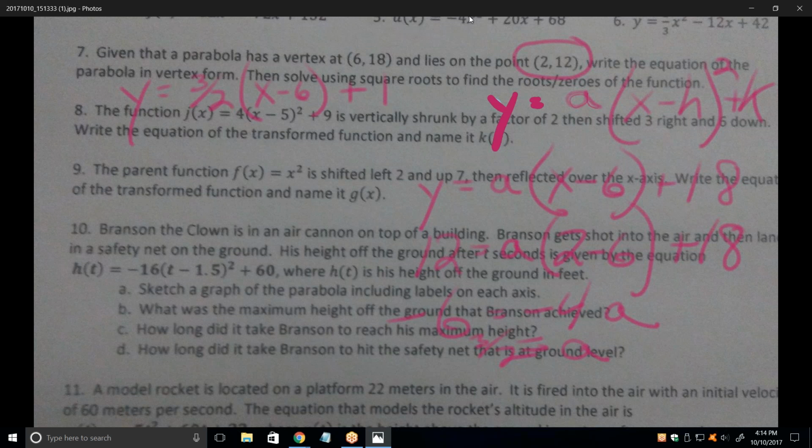Okay. All right, so we've written the parabola in vertex format, then solve using square roots to find the zeros of the function. Well, what do they mean exactly? Ooh, like this. Hold on a second.